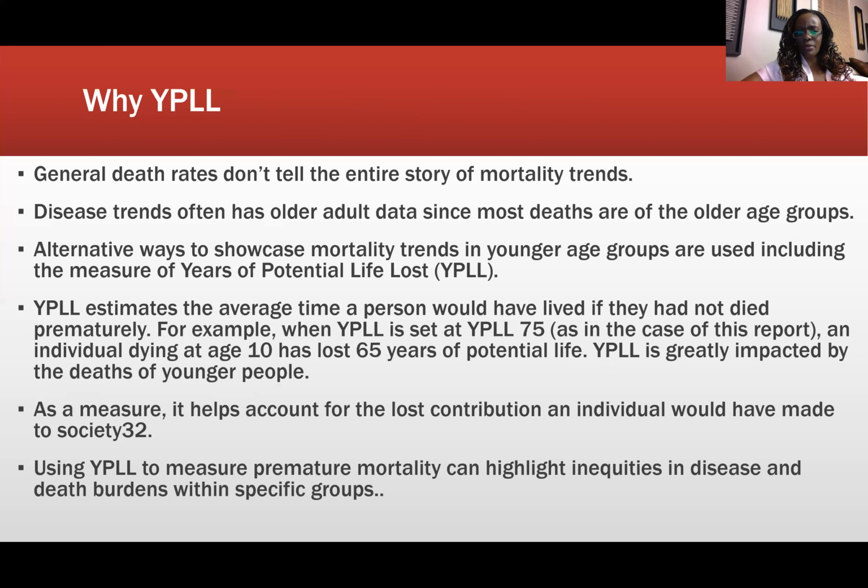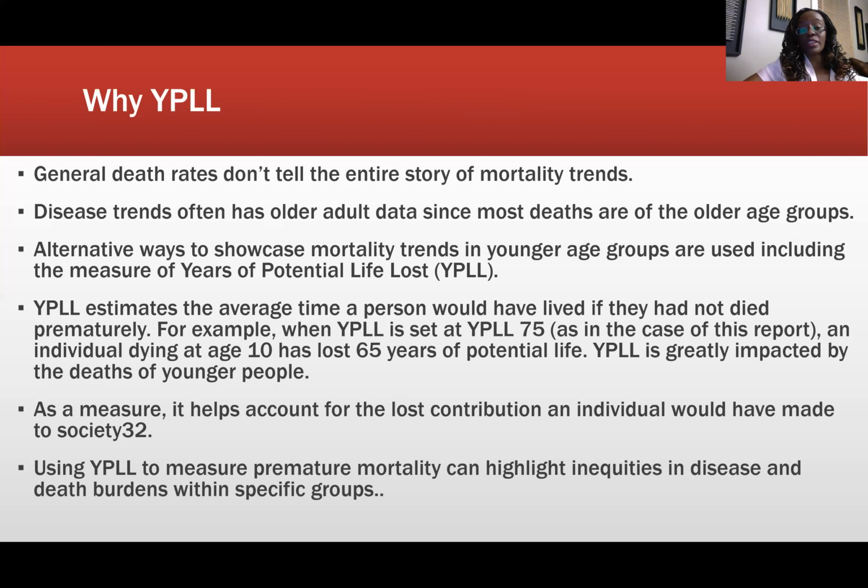Years of potential life loss estimate the average time a person would have lived if they hadn't died prematurely. So for example, if we set it at 75, which is most common, although some books or literature or articles set it at 65. If a person dies at 10 years old, they've lost 65 years of potential life.